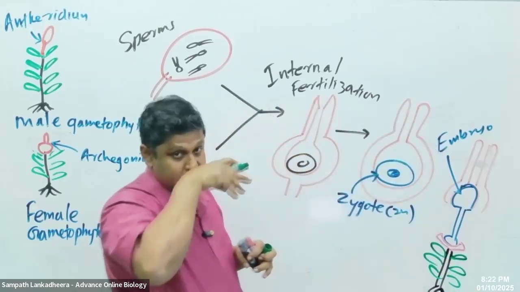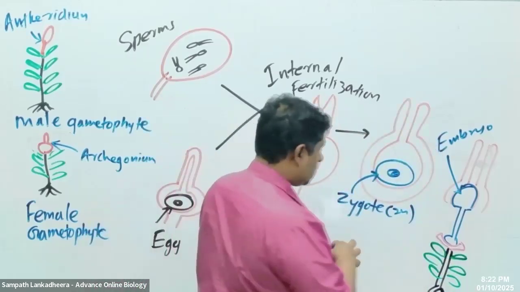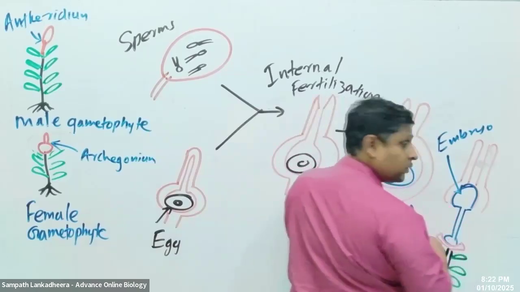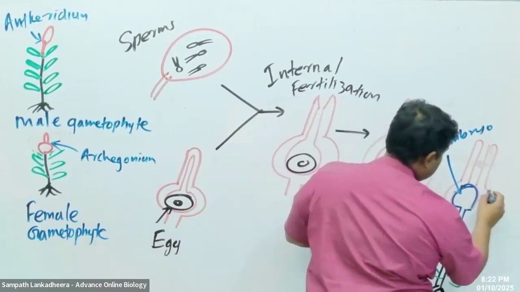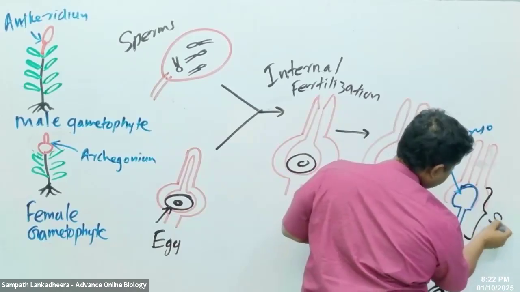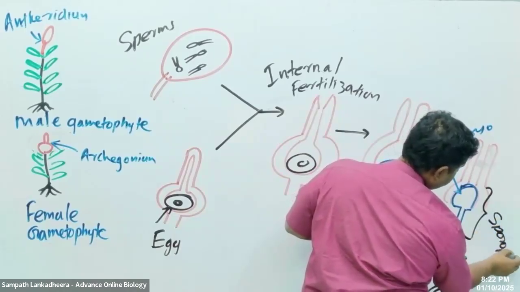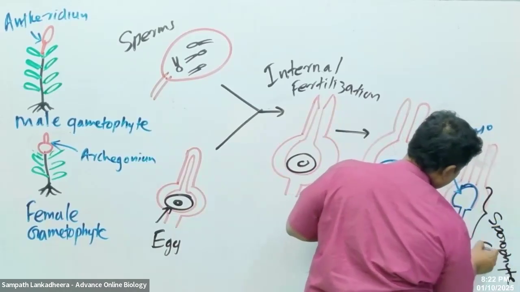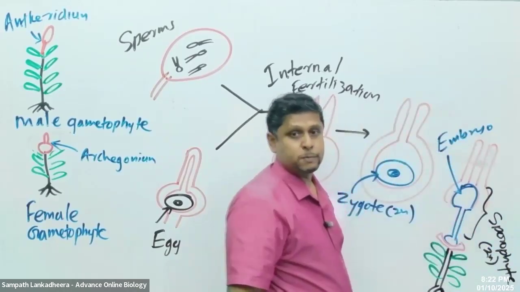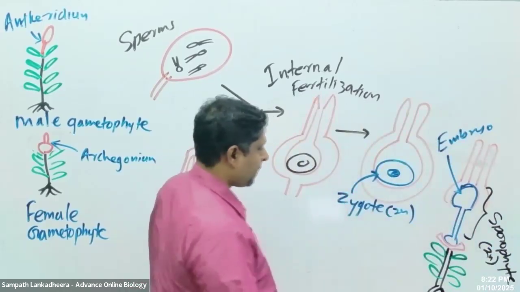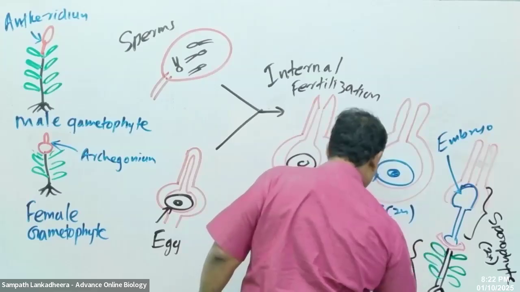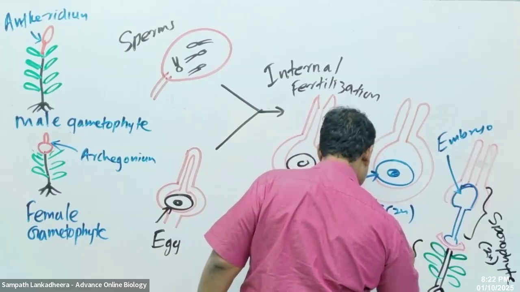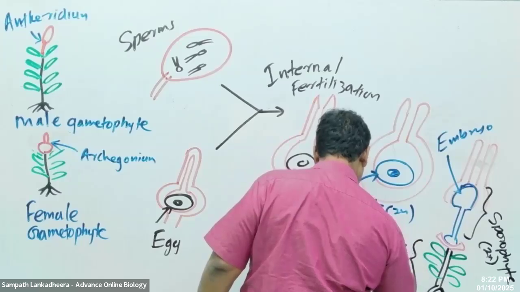This structure you call the sporophyte, 2n. This part is the female gametophyte.